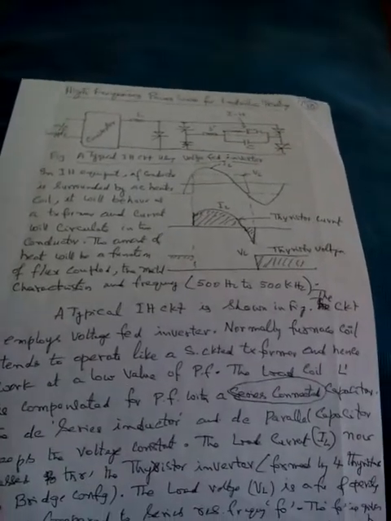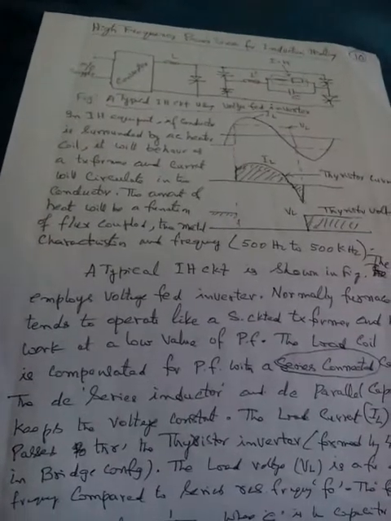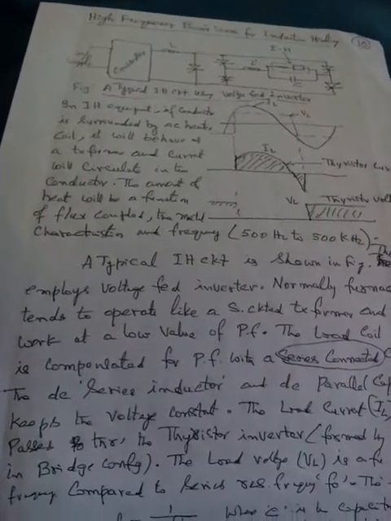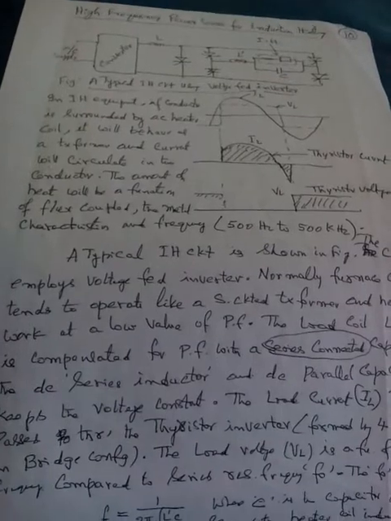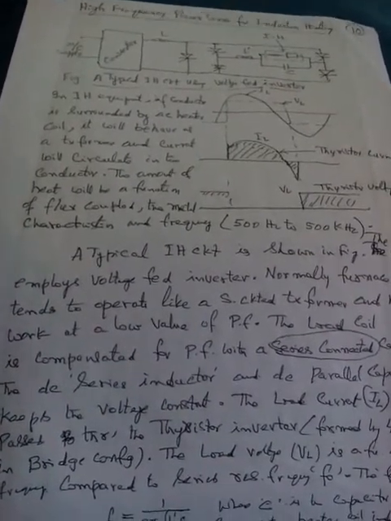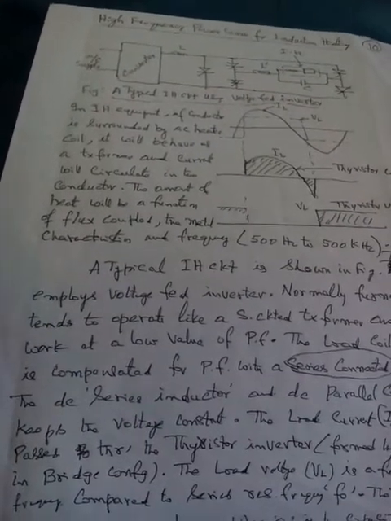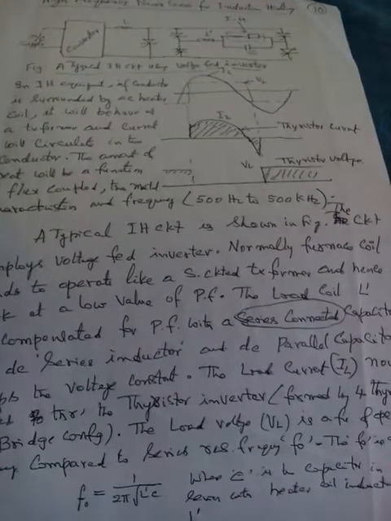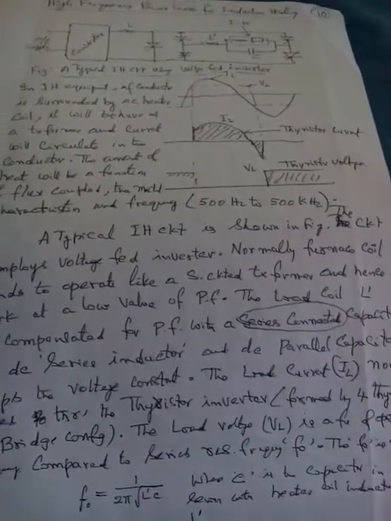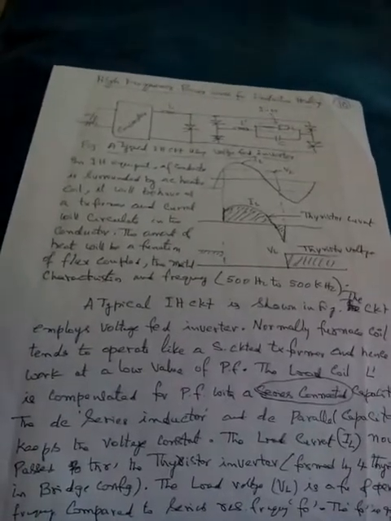The load current now passes through the thyristor inverter formed by the bridge configuration. The load voltage is a function of frequency compared to the series resonant frequency F0. The F0 is given by 1 by 2 pi square root of L dash C. So that's how it operates.